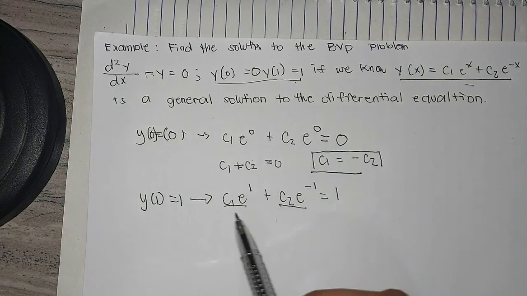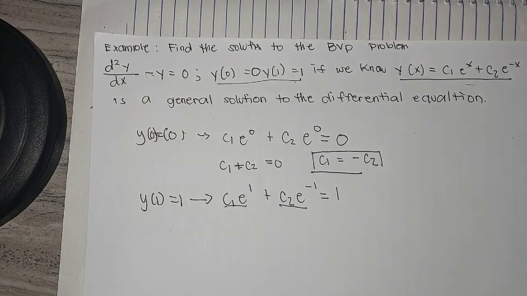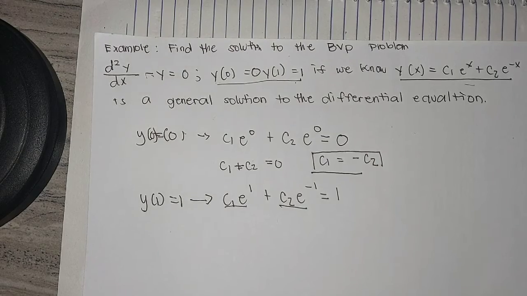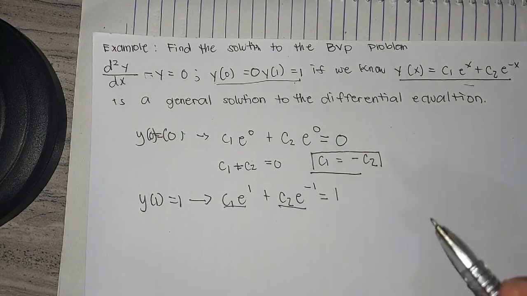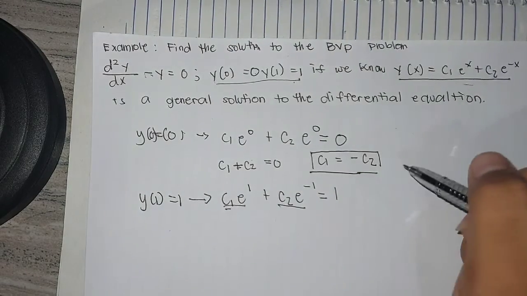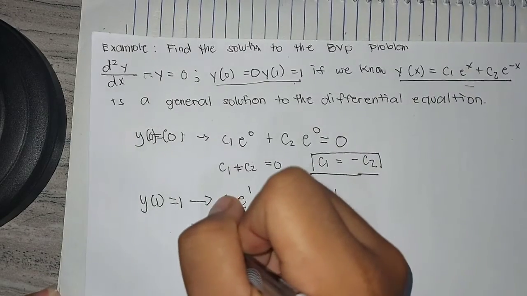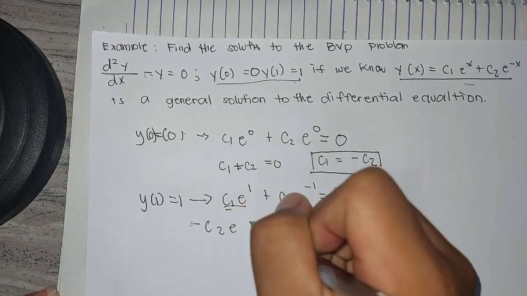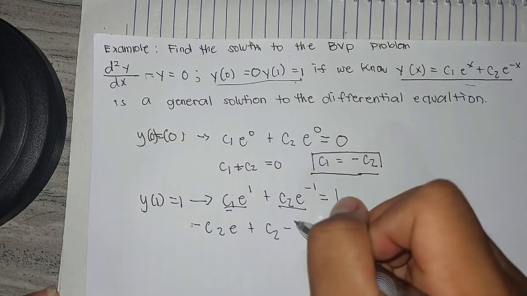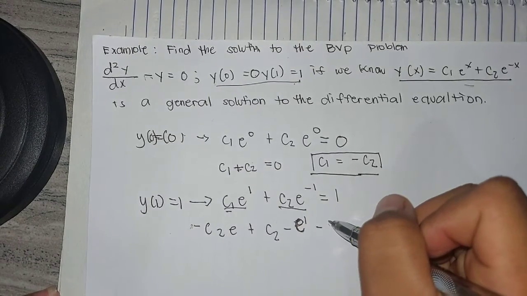Notice that this equation still has two unknowns, but we do know that c sub 1 is equal to negative c sub 2. So let's substitute negative c sub 2 for c sub 1: negative c sub 2 e plus c sub 2 e to the negative 1 is equal to 1.